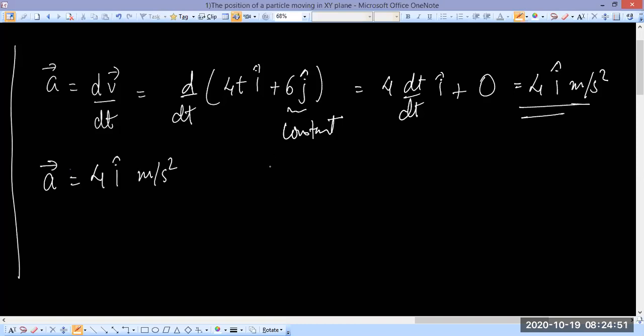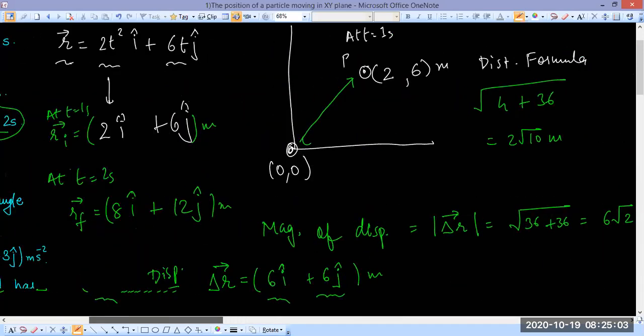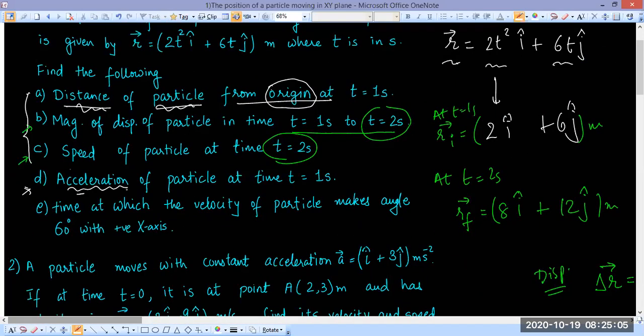Some of you might be saying answer is 4. તો હું તમને ના પાડીશ, તમે એમ કહેશો કે આ આન્સર છે, then this is wrong. I hope you realize why. કારણ કે ક્વેશ્ચન વાંચો બરાબર. ક્વેશ્ચનમાં એક્સેલરેશન પૂછ્યું છે ને, મેગ્નિટ્યુડ નથી પૂછ્યું. Clear?